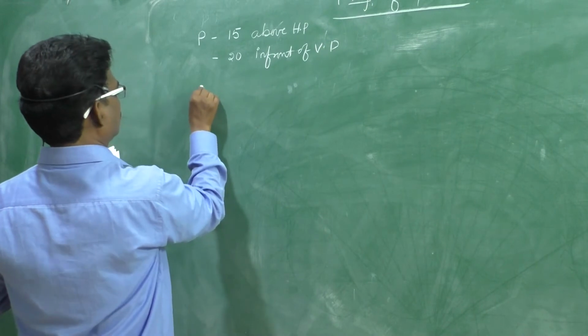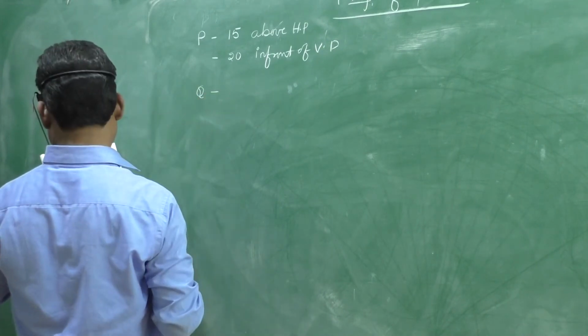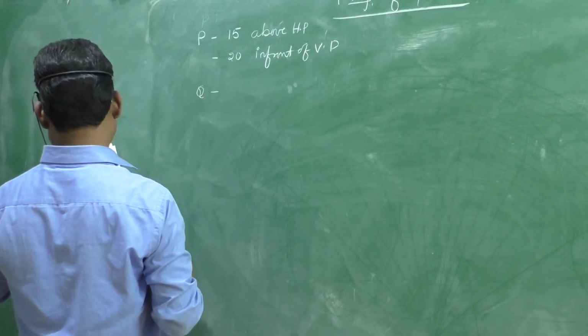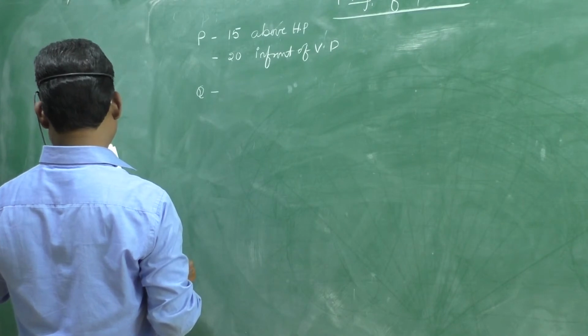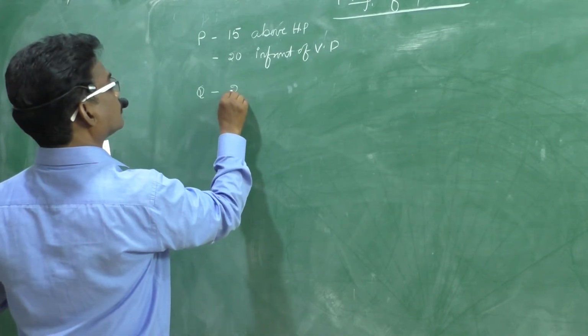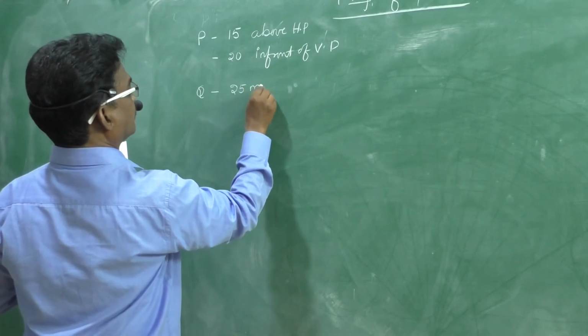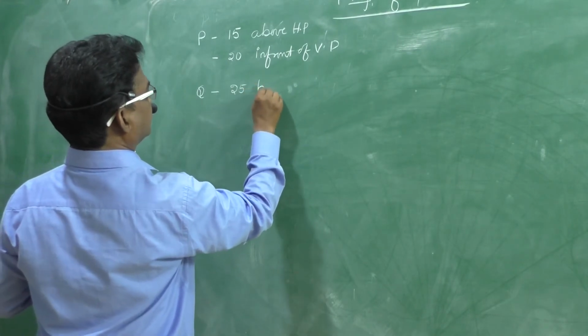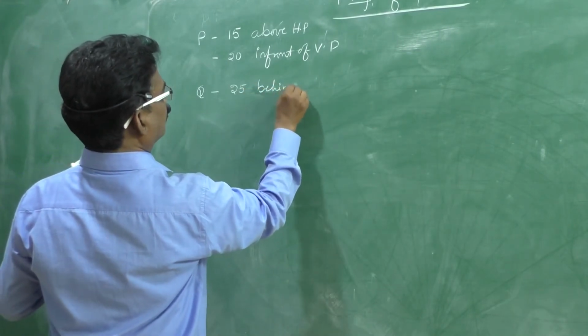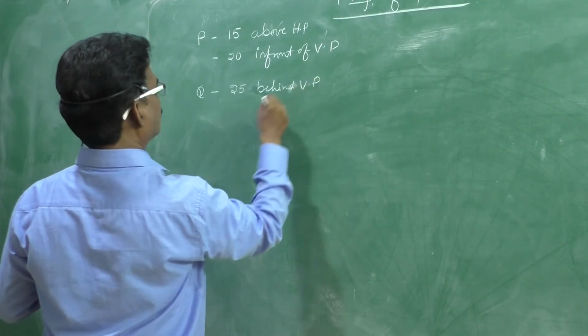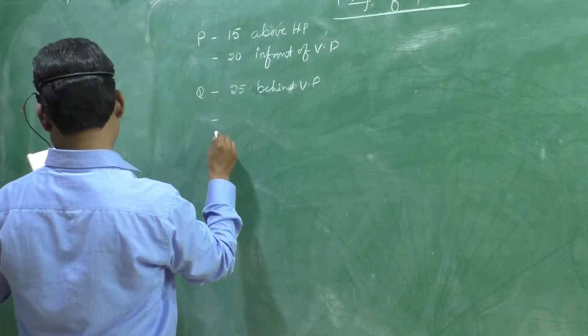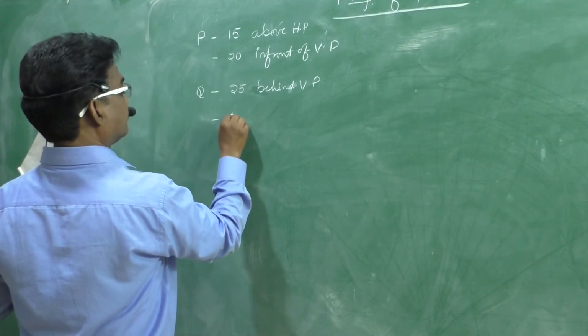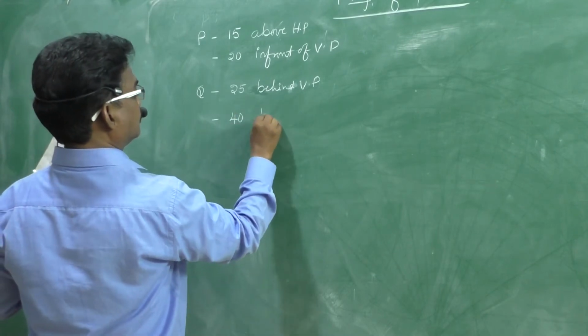Next, point Q. Point Q is 25 mm behind VP and 40 mm below HP.